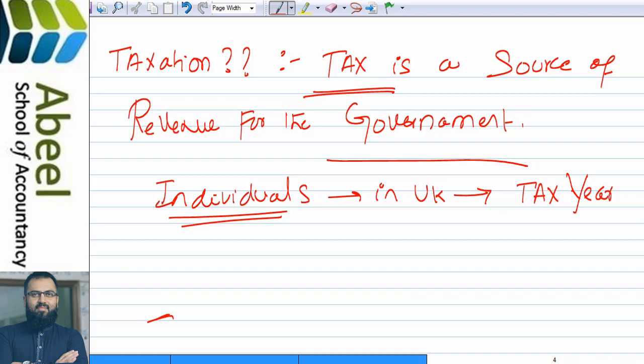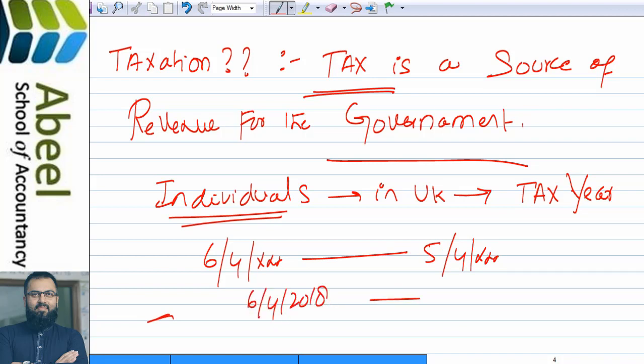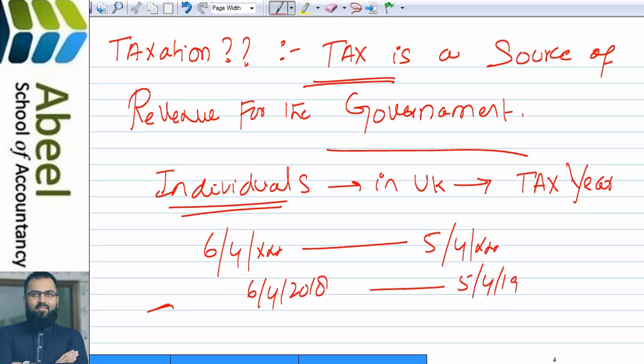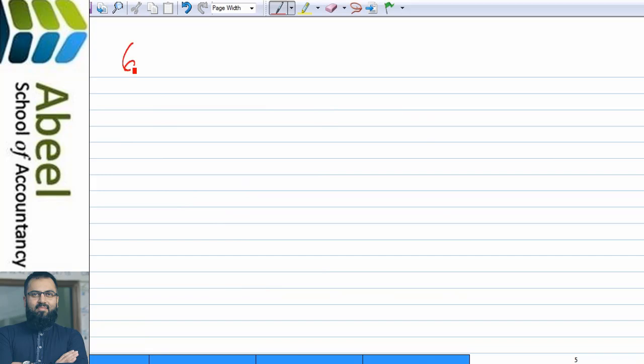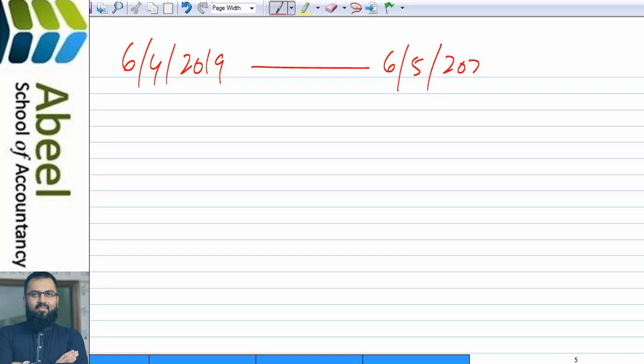In the UK, the tax year, fiscal year, starts from 6th April of any year and ends on the next 5th April. For example, if I write 6th April 2018, then it's going to end on 5th April 2019. If I write 6th April 2019, then it's going to end on 5th April 2020. Okay.